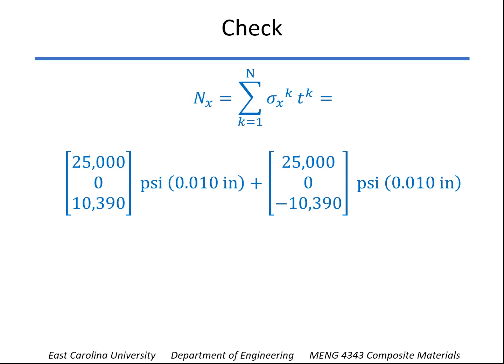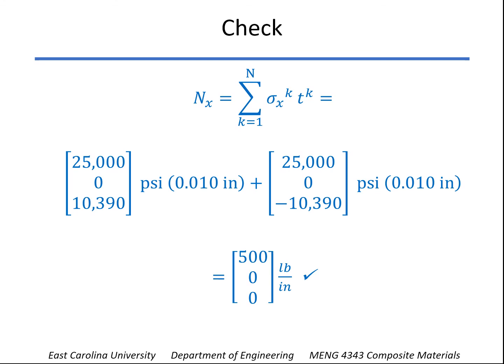For n sub x, that's going to give us 500 pounds per inch. Of course, 0 in the y direction in both layers. And because the sign of the shear stress is different, that gives us 0 value for n sub xy as well, so it does match up with the applied loadings.